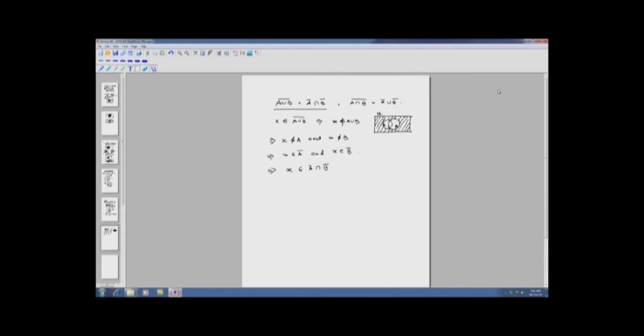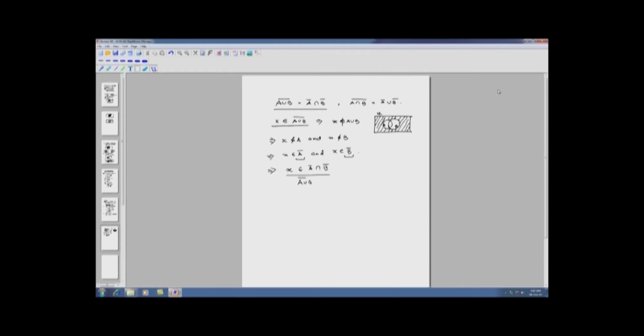because this is the definition of intersection, that if I have an element which is inside, let us say, set C and also inside set D, then that element is inside C intersection D, and here those two sets are A complement and B complement. Therefore, x belongs to A complement and x belongs to B complement means x belongs to A complement intersection B complement.